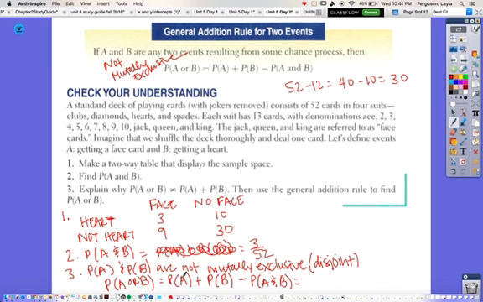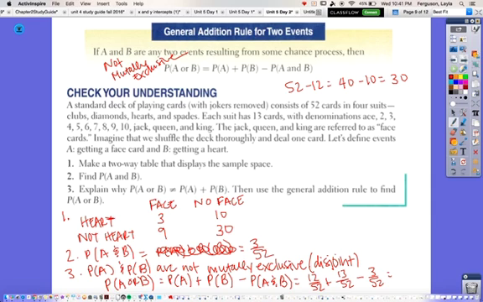So we know that the probability of A is the probability that you get a face card. And so we know that there are 12 out of 52 cards that are face cards. We know the probability of getting a heart is going to be 13 out of 52, because out of the 52 cards, 13 of them are hearts. And we know that the probability of being a heart and a face is 3 out of 52.